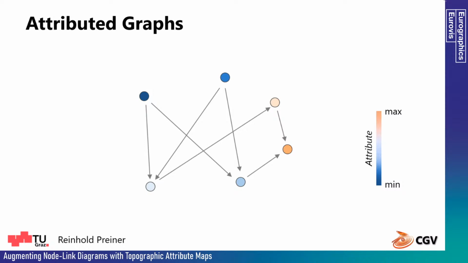And here these attributes are shown by coloring the nodes according to some color map. So let's say the nodes in this graph represent persons, and their connections, for example, represent family relations, like parent-child relations extracted from a genealogical database. Then a typical attribute to visualize would be the person's year of birth.